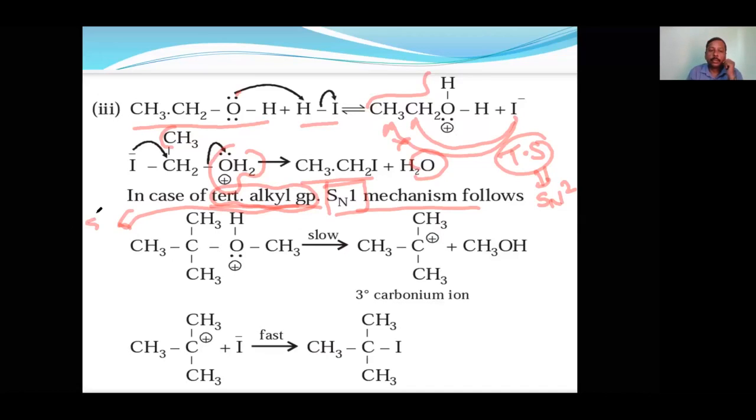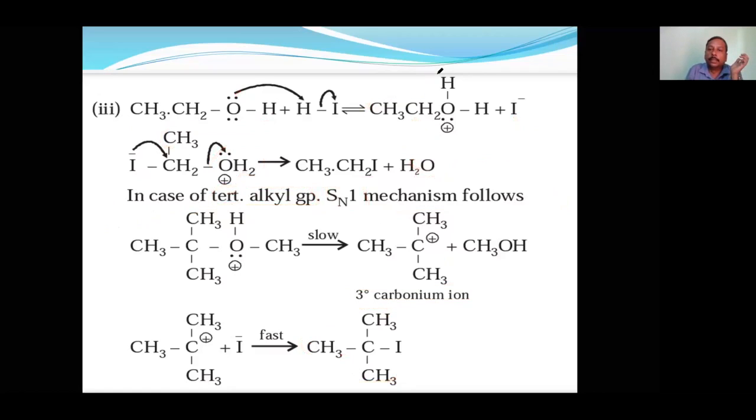Directly a 3-degree carbocation forms, so these exceptions are more important. Why? Because a 3-degree carbocation is more stable. Except for the 3-degree carbocation case, in all conditions iodine will go to the smallest and the remaining part will go to the largest. Is that clear?